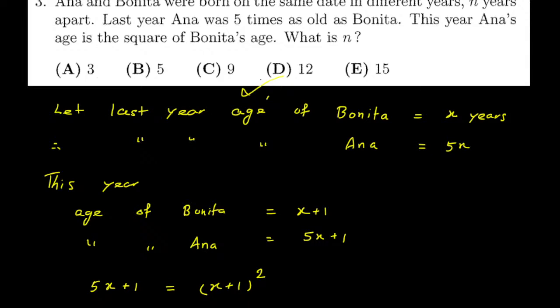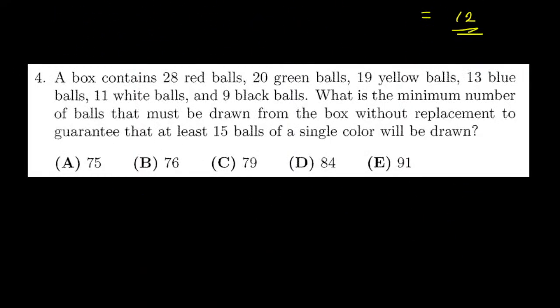This question is a simple one. Now let us see the fourth one. Question number 4: a box contains 28 red balls, 20 green balls, 19 yellow balls, 13 blue balls, 11 white balls and 9 black balls.